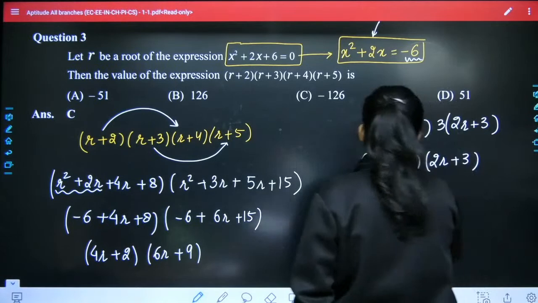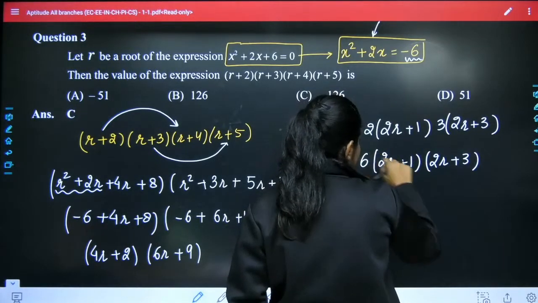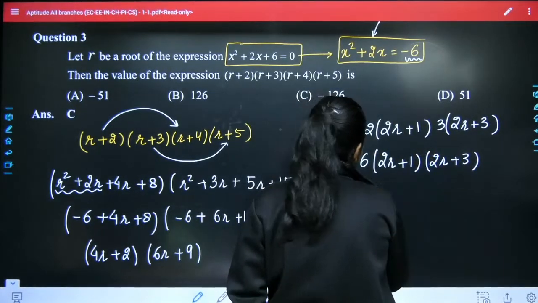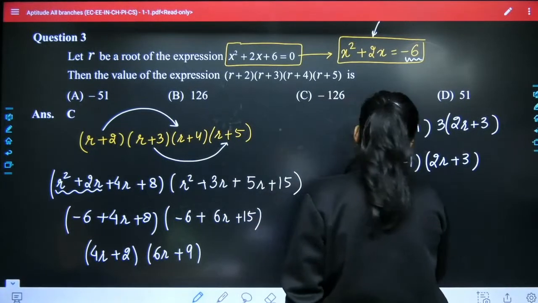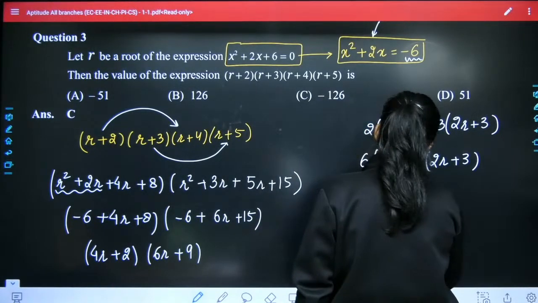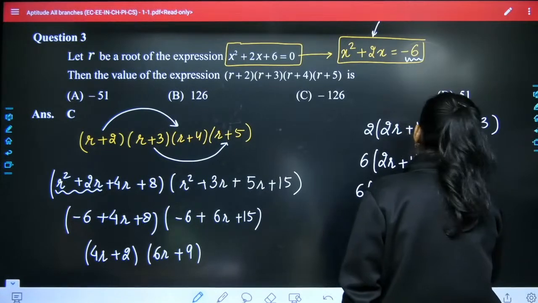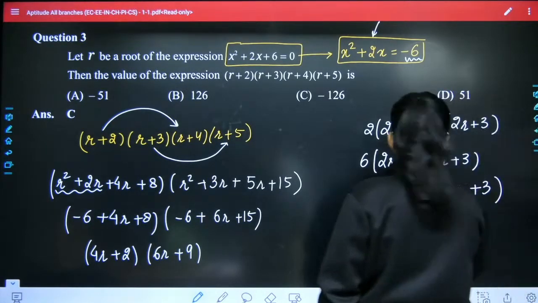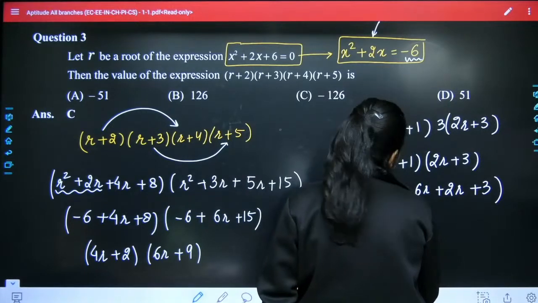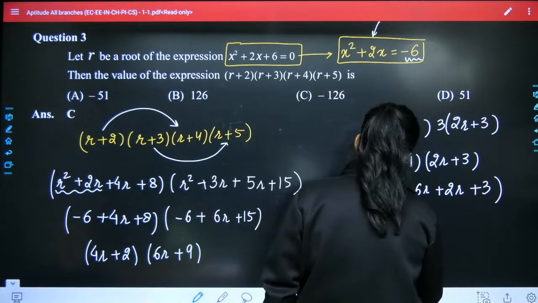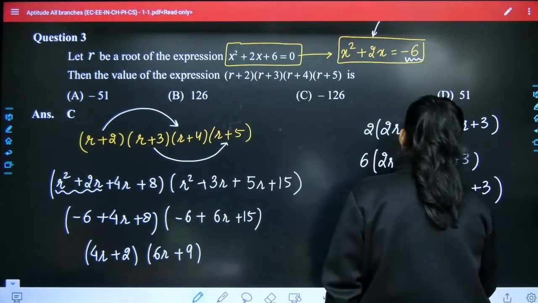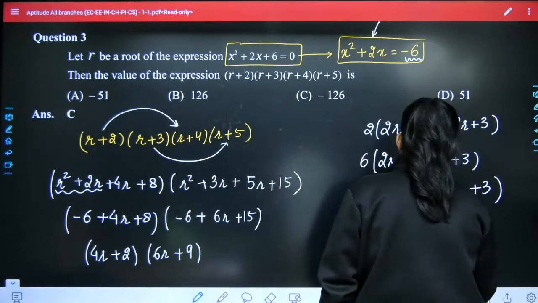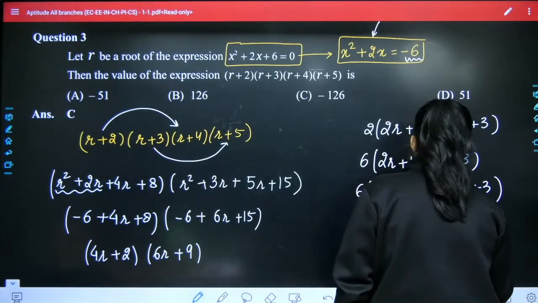Now we can multiply both these two terms. We will get 4R square plus 6R plus 2R plus 3, and we can write it as 6 into (4R square plus 8R plus 3), right?